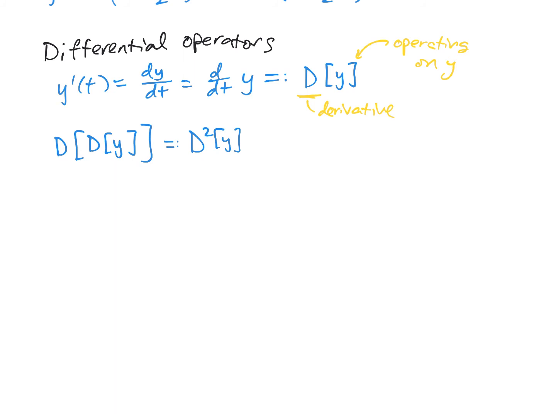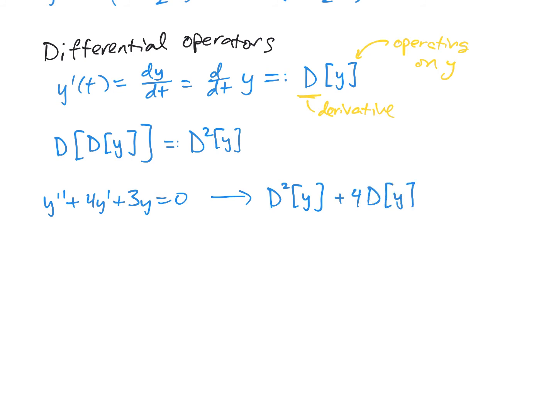So then we can write things like y double prime plus 4y prime plus 3y equals 0. Well, we can think about this like D squared of y plus 4 times D of y plus 3y equals 0.